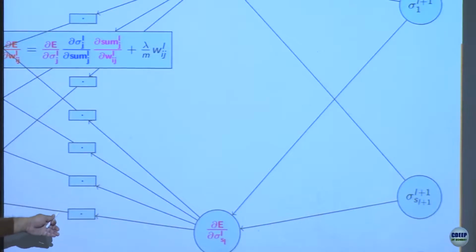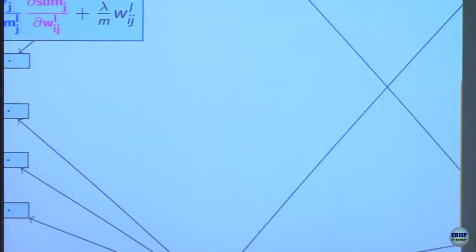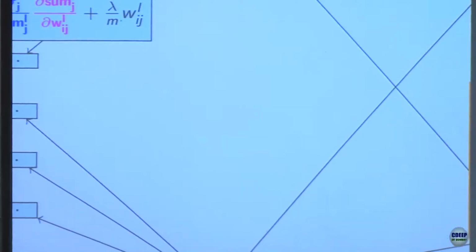I have deliberately kept the regularization kind of different because there is no backpropagation in the regularization, right. I mean you can consider that E contains the regularizer term, or you may just consider E to be the cross entropy term and the regularizer is separate.